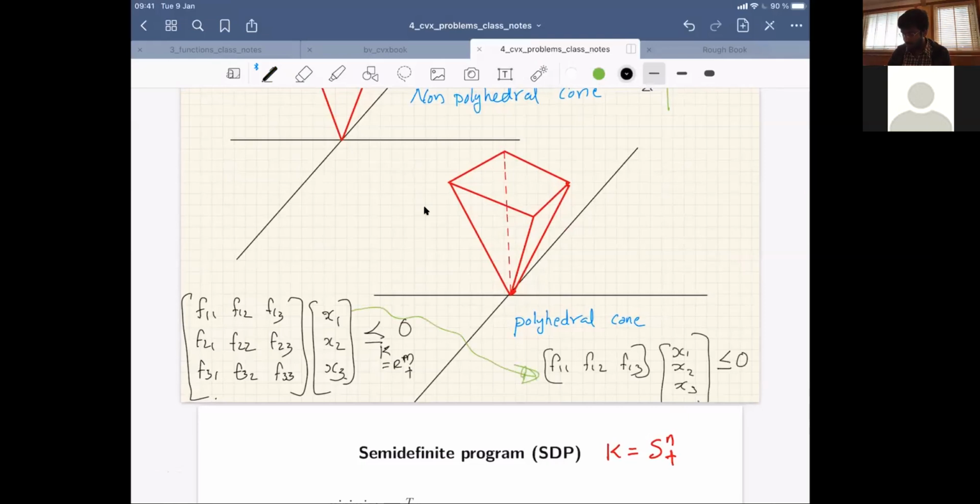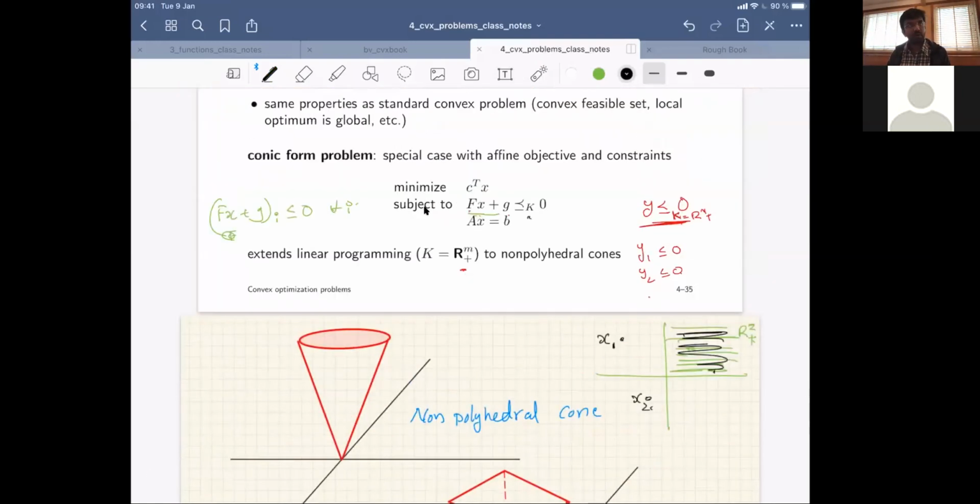Now this is a normal inequality for scalars. Like that you will have three inequalities. So when we consider the non-negative orthant as a cone here, you will have a set of linear inequalities.